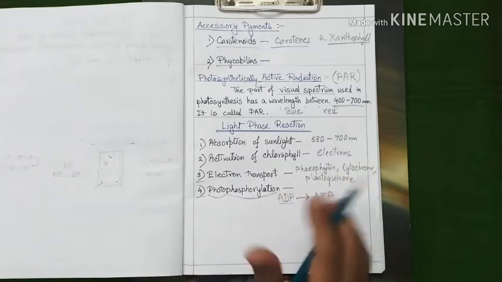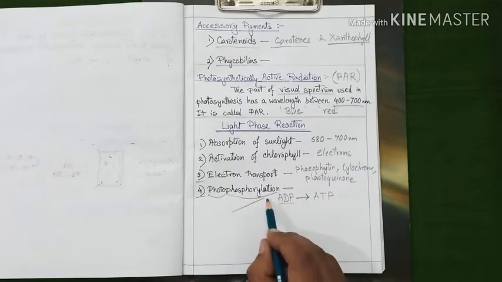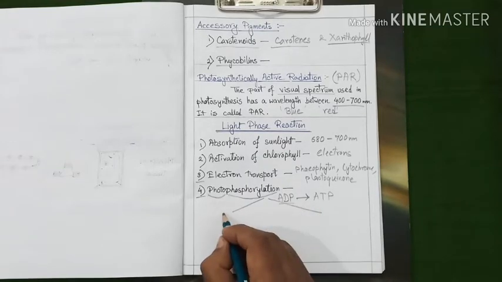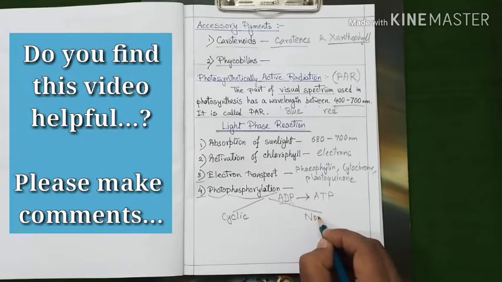The entire chemical reaction of photophosphorylation can again be divided into two subtypes, cyclic photophosphorylation and non-cyclic photophosphorylation.